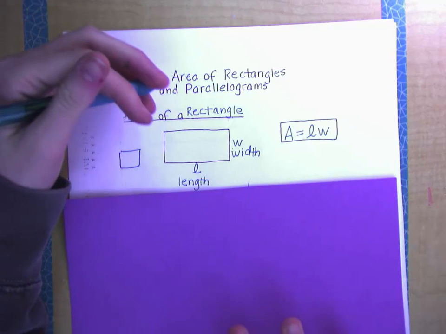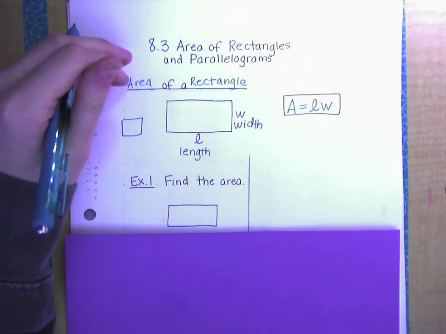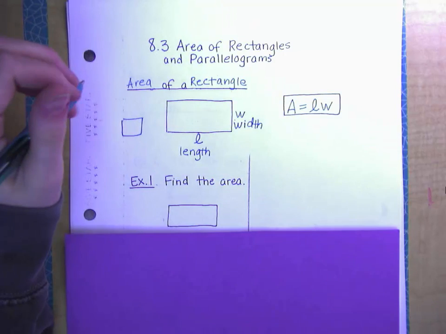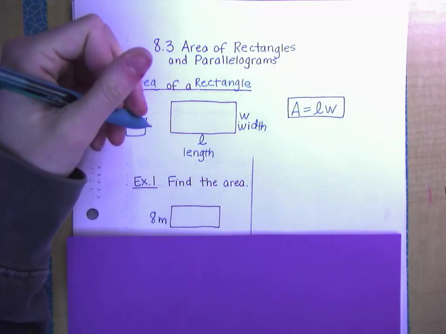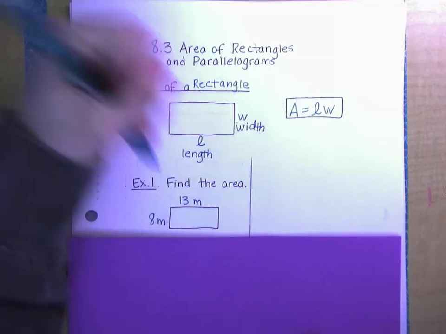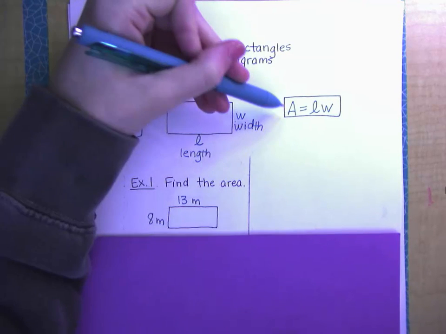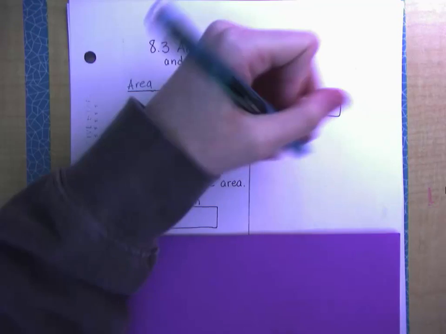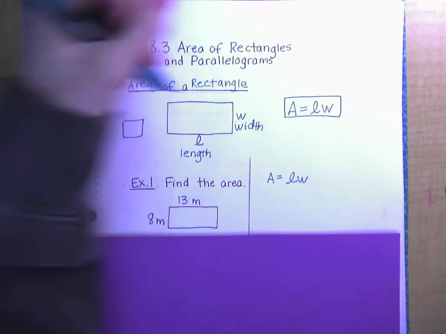Okay, so let's look at an example. Let's find the area of this rectangle. Let's say it is 8 meters wide and 13 meters long. Okay, so remember our formula for calculating the area is area equals length times width.